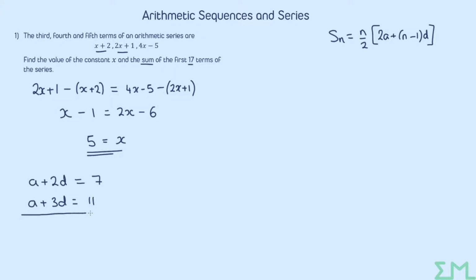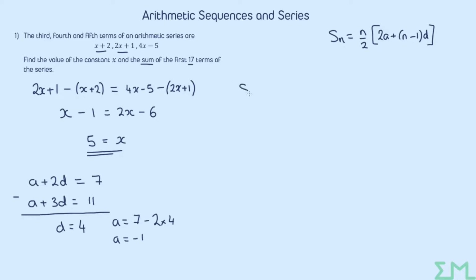So now we can solve these simultaneous equations very quickly because they are very nice and easy. If we subtract the first equation from the second, we very quickly find out that d is 4. And using that information along with the first equation, a is 7 minus 2 times 4, so a is negative 1.